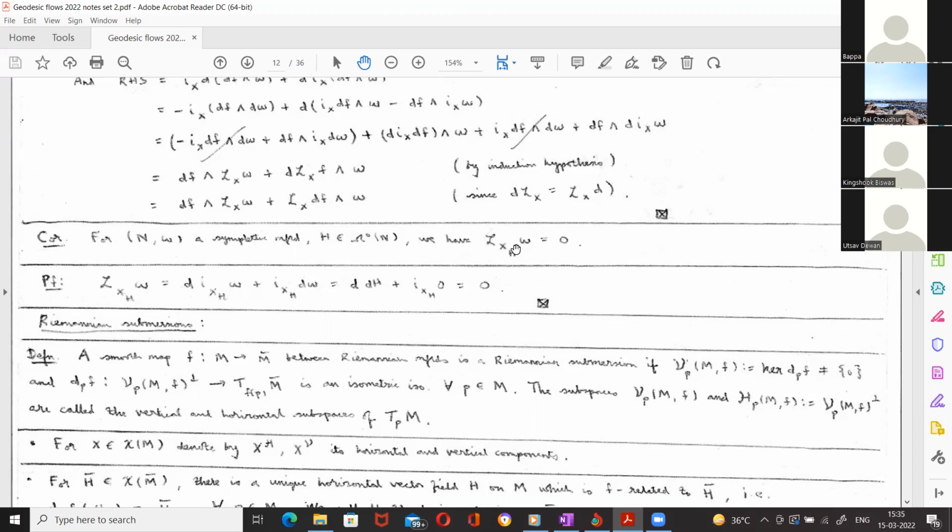So if you know the Poincaré recurrence theorem, for a compact symplectic manifold, it will tell you that almost all orbits with respect to the volume form are recurrent. They come back within any arbitrarily small neighborhood of almost every point infinitely often. So Hamiltonian flows will be recurrent.